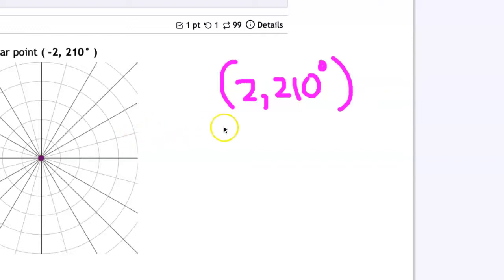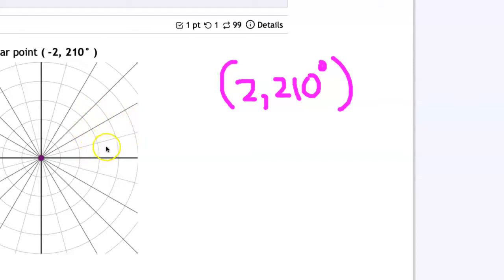We're going to start by going 210 degrees. So starting at the positive x-axis, we go counterclockwise. This is 90 degrees. Here we have 180 degrees, and if we go 30 degrees beyond 180, we are at 210. So that's 210 degrees.